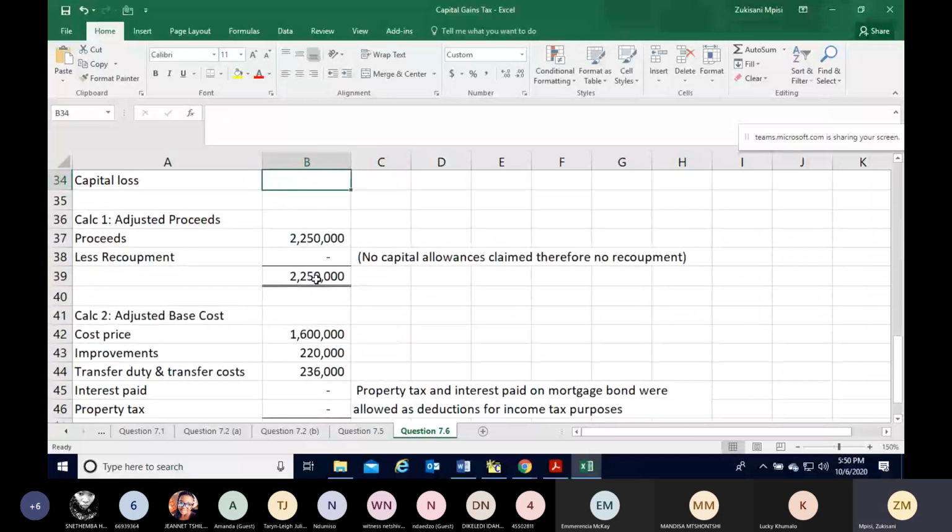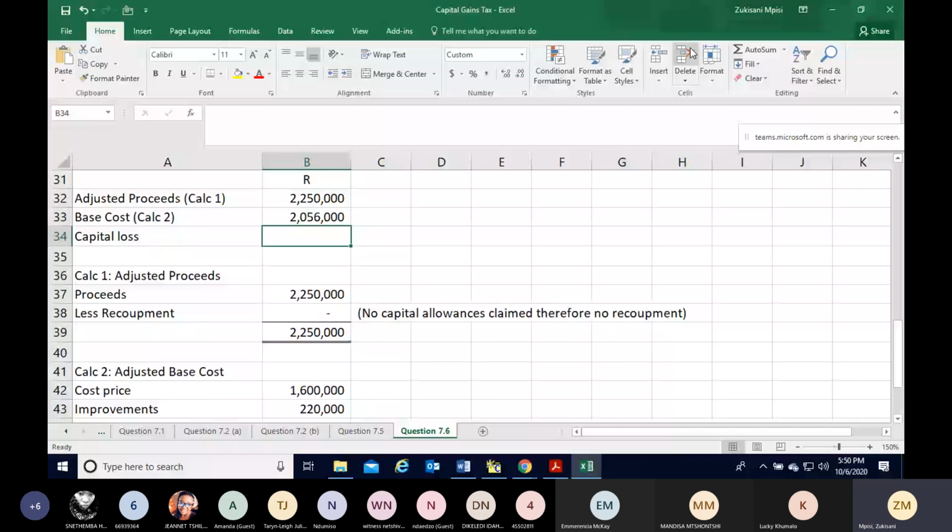And therefore, this means that your capital gain, sorry, must be a minus, will therefore be 194,000.